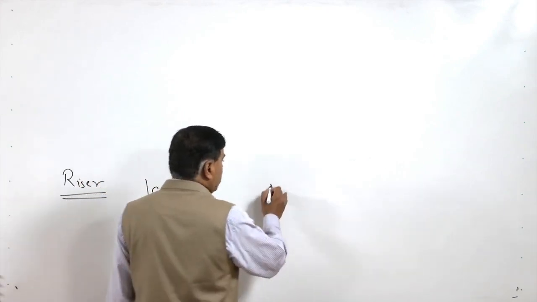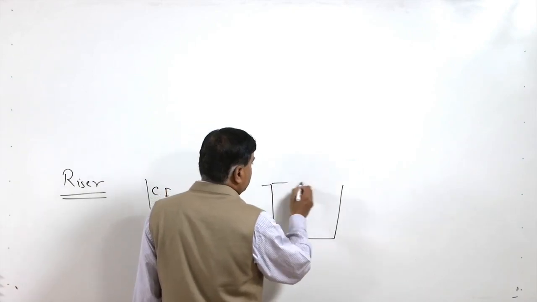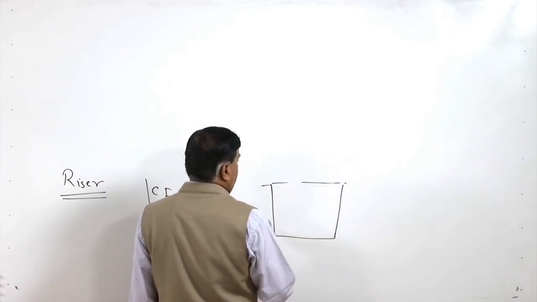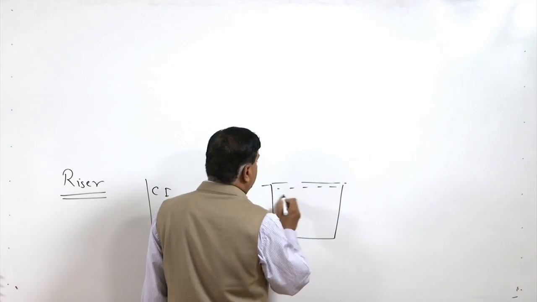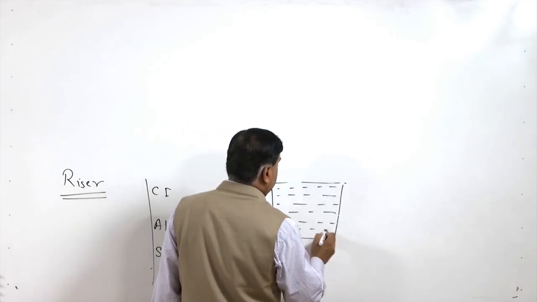So, significant reduction in the volume of the casting, like say in this case, this is one typical mold, and here the solidification of the molten metal takes place.